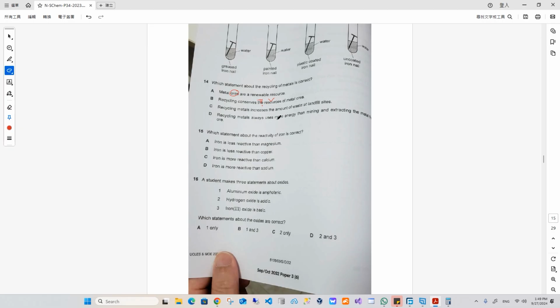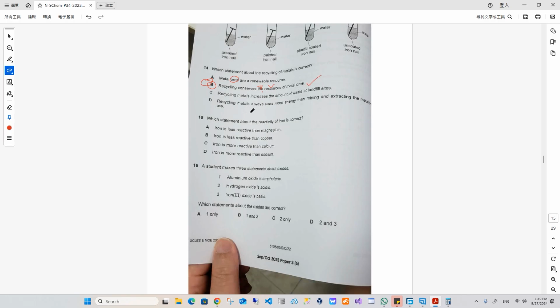To me, yes, but politically correct, I've got to say no. So the answer is B. Remember, be a smart student, get your marks. Don't go and open up the ugly mask of the government or other people. Even though to me, D makes a lot of sense.